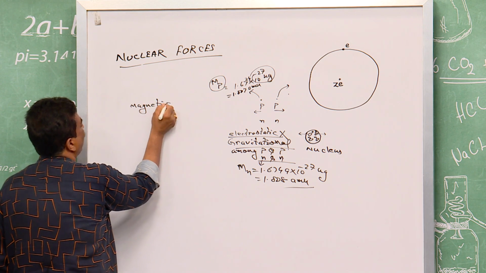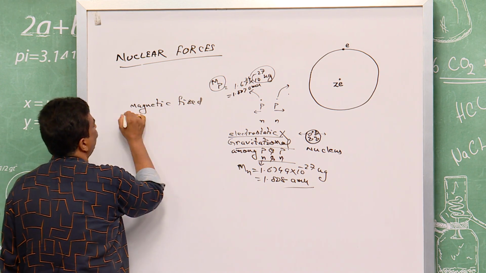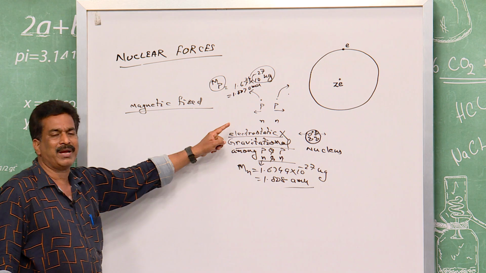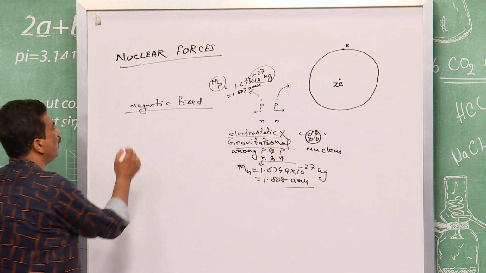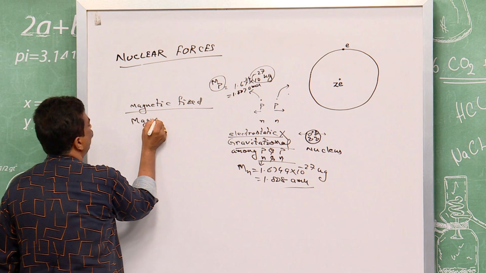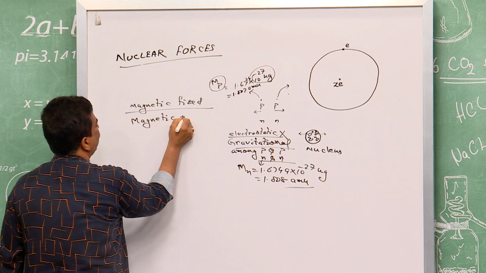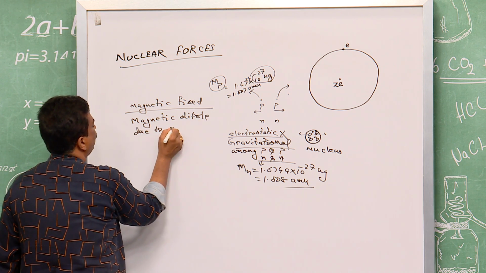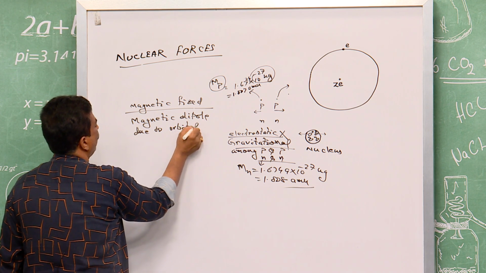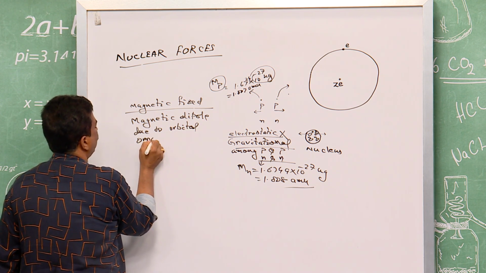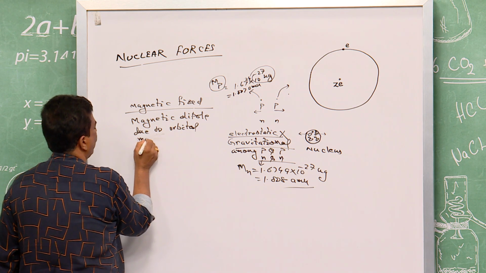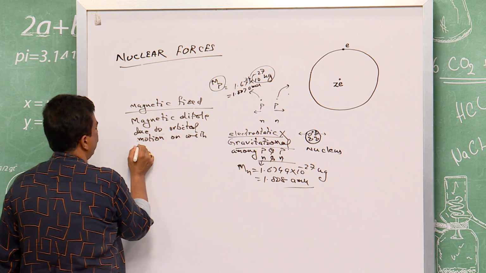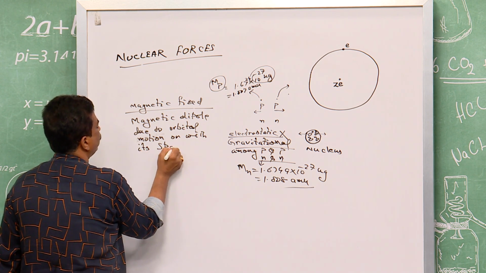When a charge is in motion or current flows, it produces a magnetic field, and due to that magnetic field, the charged particles will produce a magnetic dipole, due to orbital motion or with its spin.